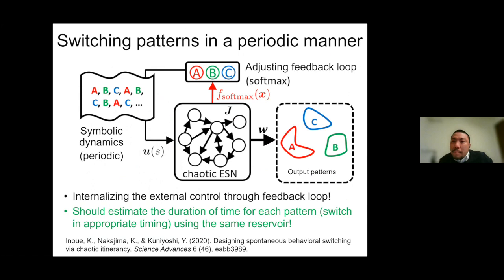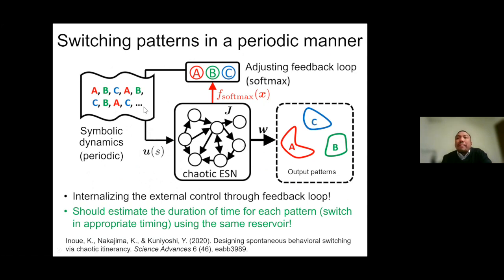And let's see some more complicated case. In the previous case, we injected the input externally, but now we want to internalize this input command. Internalize means that, according to this input, we could switch this oscillatory pattern, right?